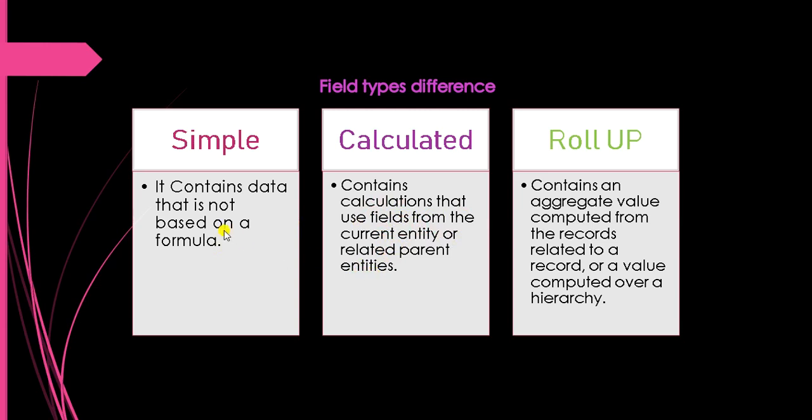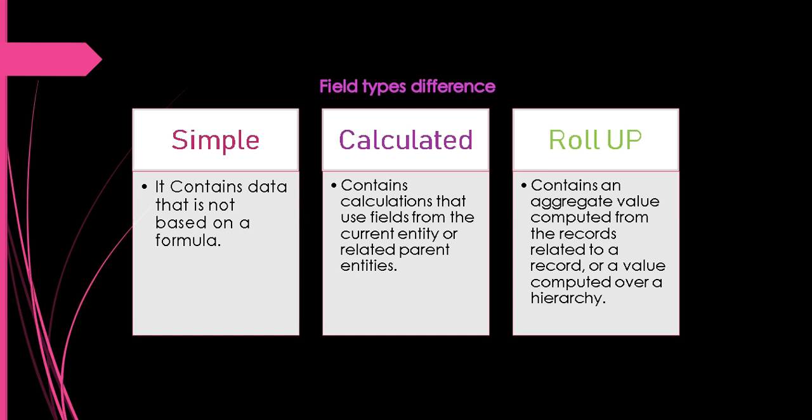A simple field is simple. There is no need for any complex things in it. These can be added. A calculated field is basically used if I want to show the sum of two values within the CRM form itself. I can use a calculated type of field that way.